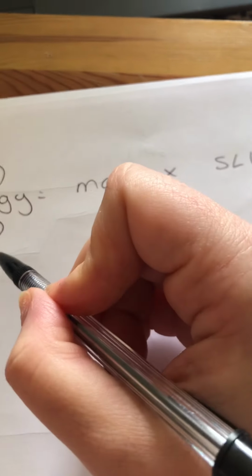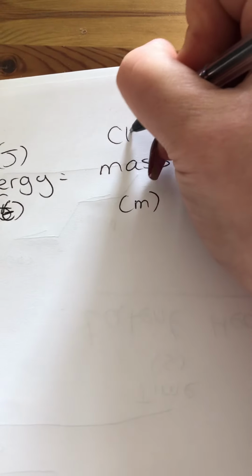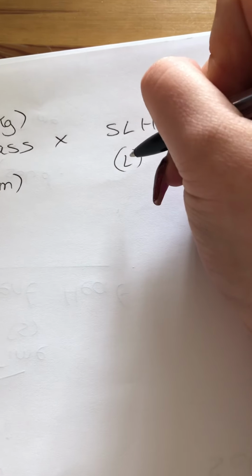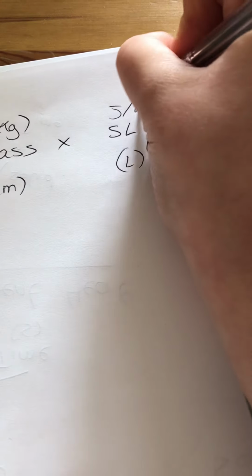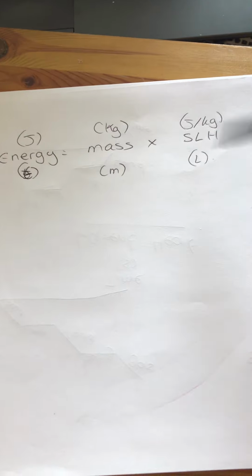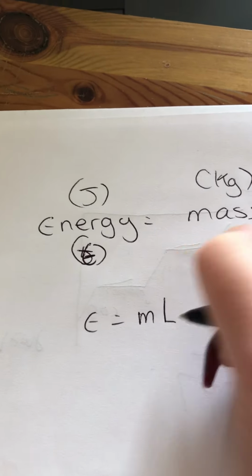The unit of energy is joules, and the letter that we use in the equation is E. Mass is in kilograms, and specific latent heat, we call it L, and that is in joules per kilogram. So we've got the units at the top, we've got the letters underneath. So it's E equals ML.